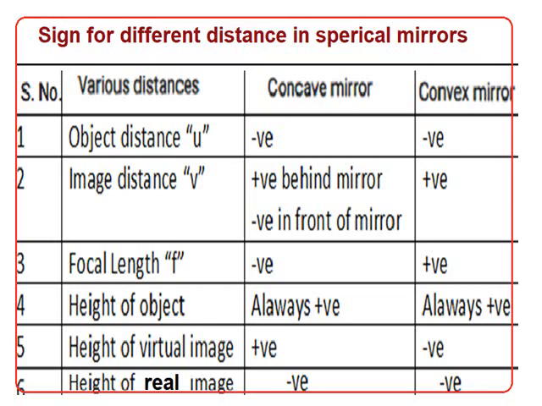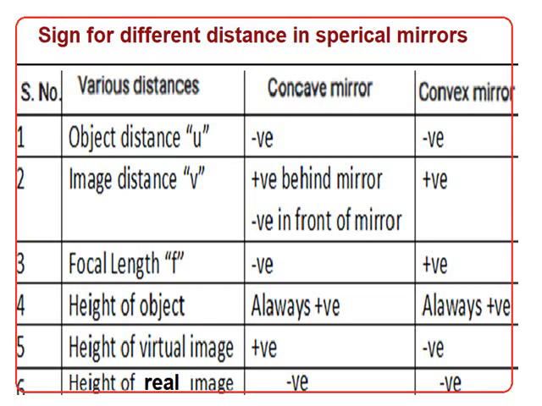You get an enlarged, erect and virtual image on the right side. For the rest of the positions you get only a real image. So U, V, F, all the 3 are negative because they are on the left side, and only for the virtual image you get V as positive.